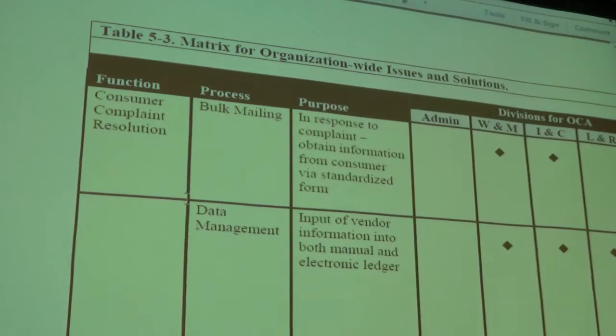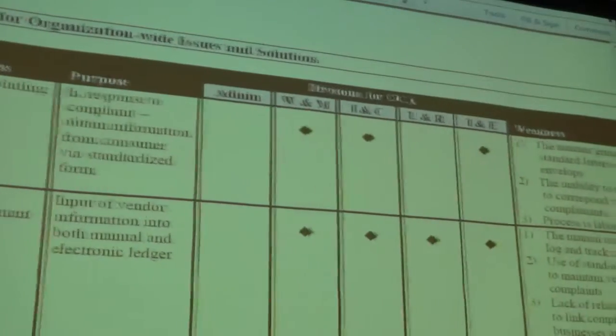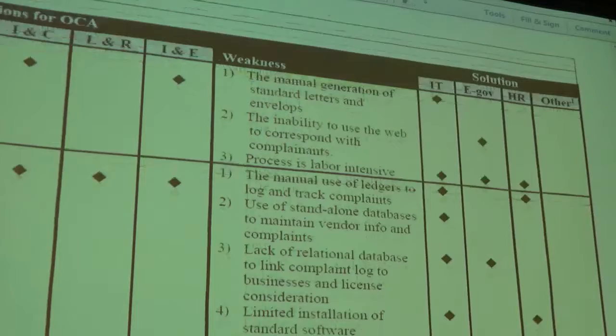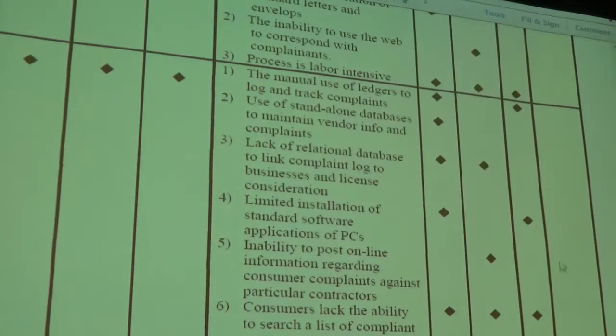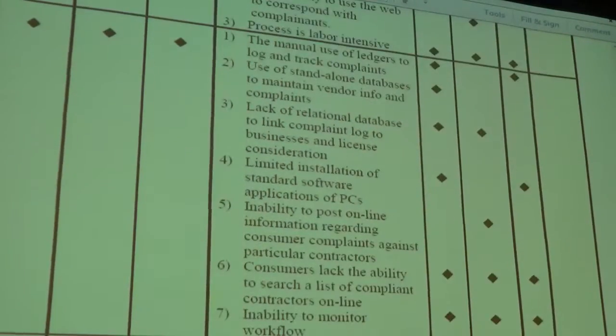Again, we looked at the same function with data management. What was the purpose or the goal? How many divisions are affected? What are the weaknesses? And again, how do you solve it? Is it going to be IT, e-government, HR, or another process?